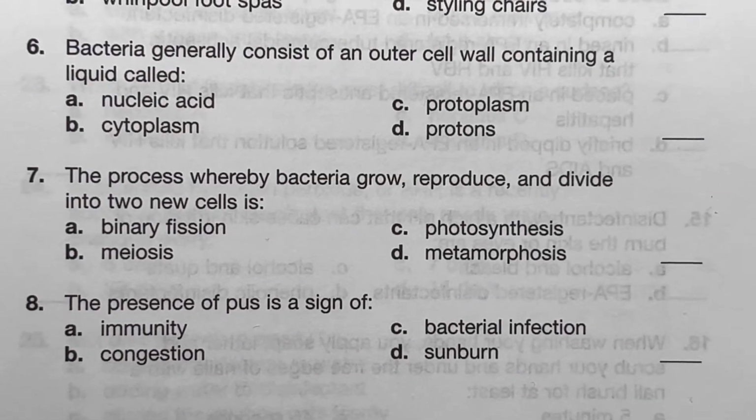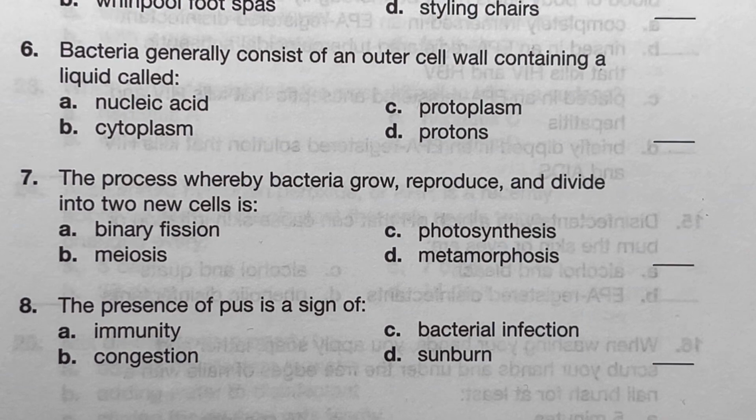Number 6. Bacteria generally consist of an outer cell wall containing a liquid called A. Nucleic acid, B. Cytoplasm, C. Protoplasm, D. Protons. And the correct answer is C. Protoplasm. Number 7.